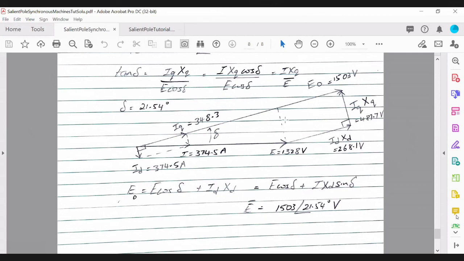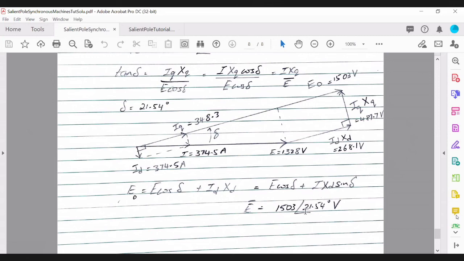So here again, I'm resolving to get from here to this point here. That will be E cos of delta, right? And then add this small portion here, which is parallel to here. So that's IDXT. And I've solved and got the final value, that's 1503. And obviously you can see that here it's in generator mode, so your induced voltage is leading the terminal voltage, so you have a positive angle for the load angle.